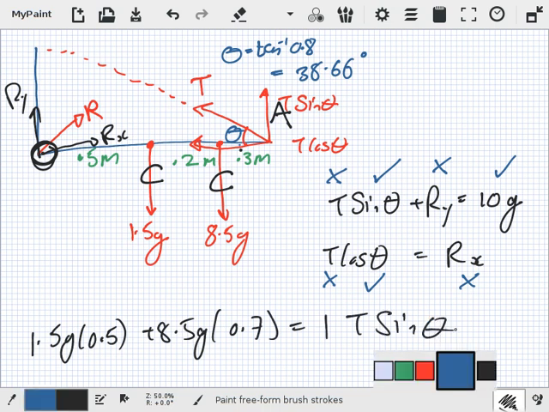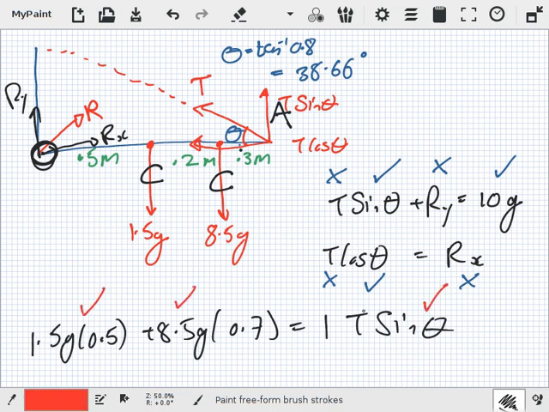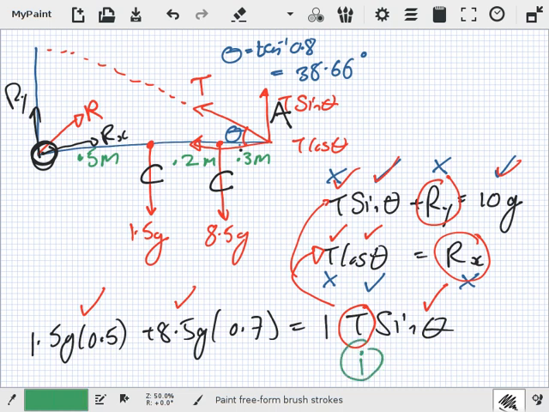And I'm finished now because I know theta, so I can easily get T. Then I can put it back into here, and I know T and cos, so now I can get Rx. Then I can put it back into here as well. I know T, sine, and 10g, so then I can get Ry. That answers everything. So this answers part 1, this answers part 2, and then here will get you the answer for part 3.